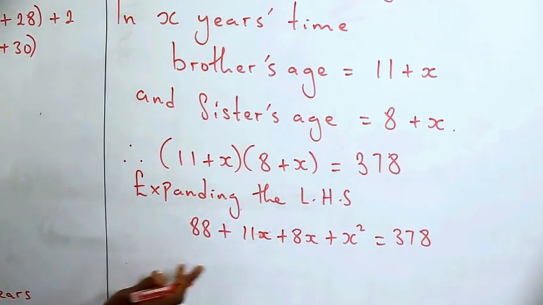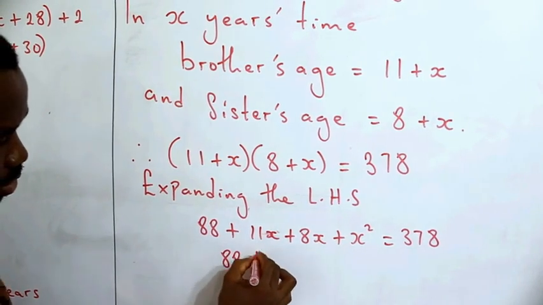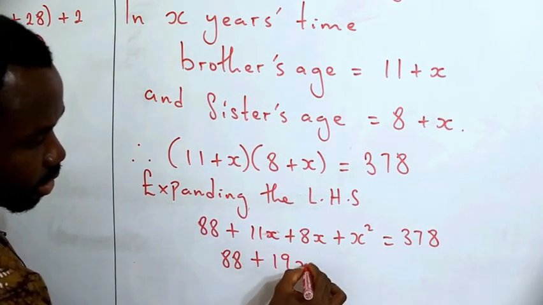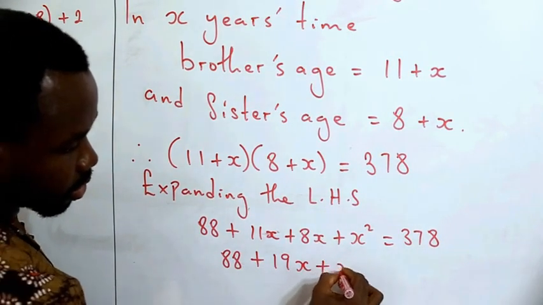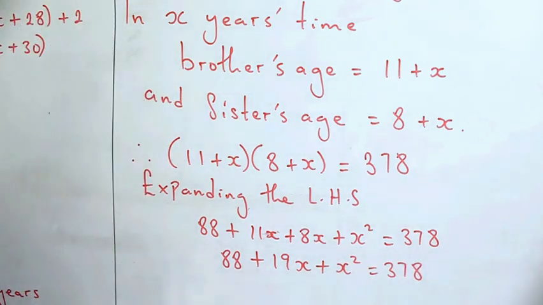Let's simplify the left-hand side. We have 88 plus 19x plus x squared equals 378.